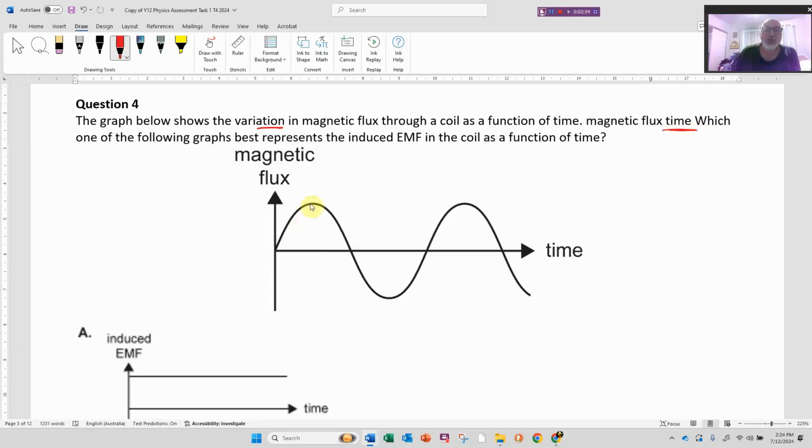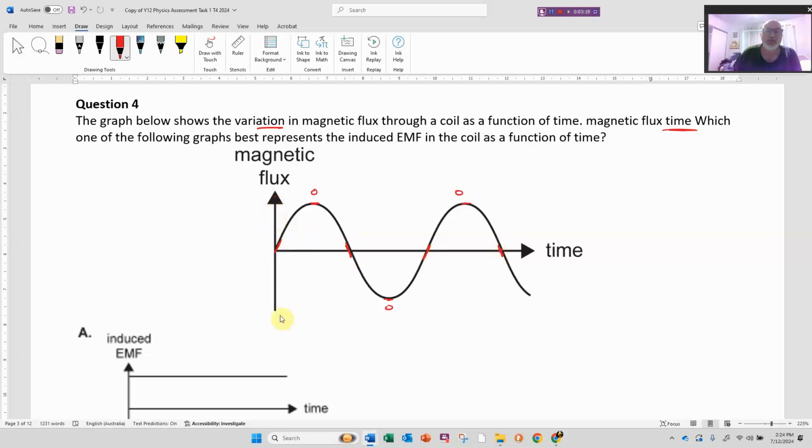So one thing to think of here is when we talk about changing magnetic flux, we're actually talking about the gradient. Now, we know the gradient at the turning points is 0. Maximum gradients are here and here. So that means that maximum gradient is going to give us a maximum flux up there.